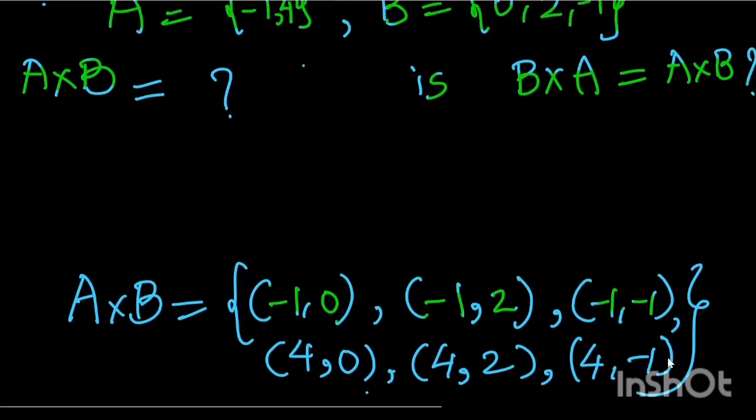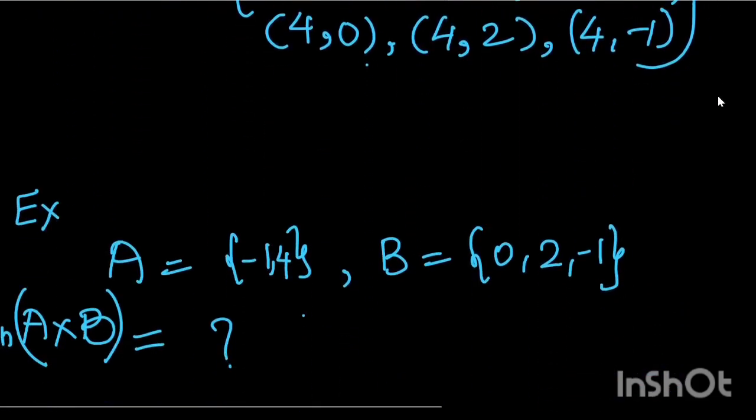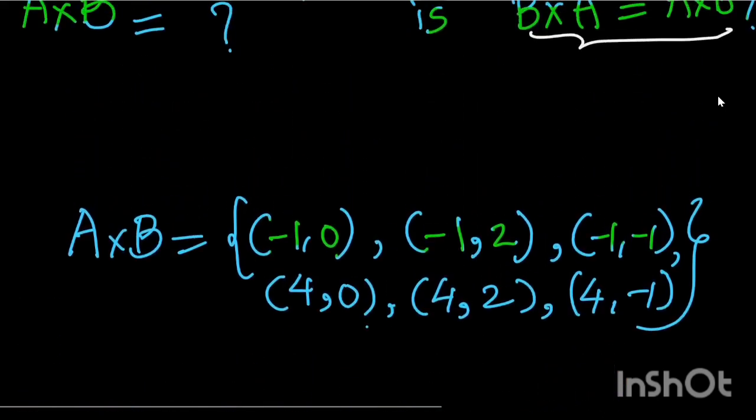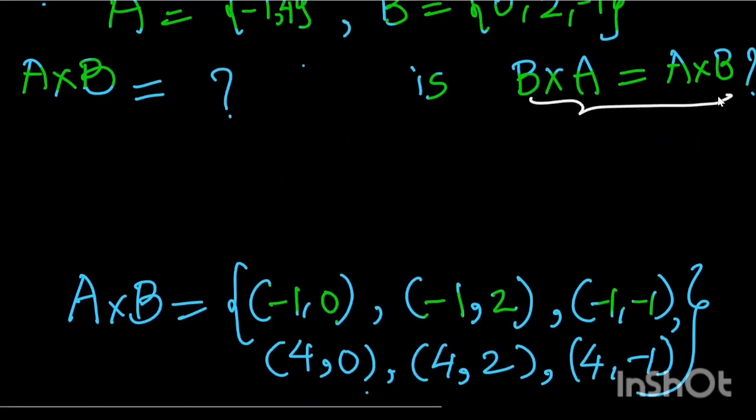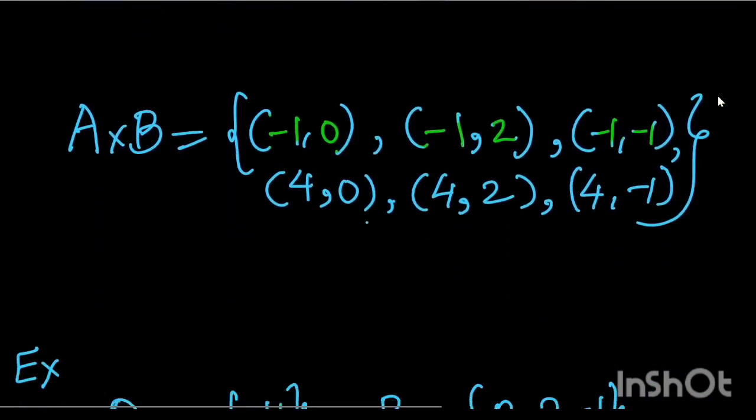Now the second question: are B cross A and A cross B the same? As you can see here, if you try to calculate B cross A, you will see something like this.